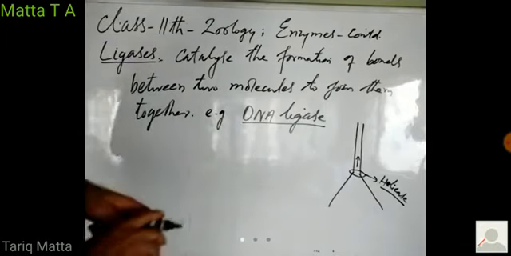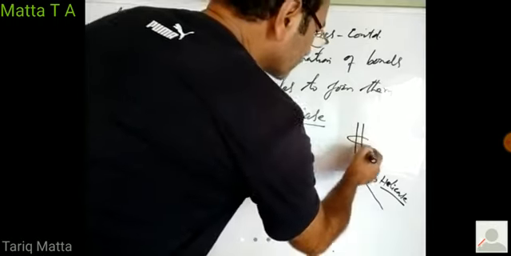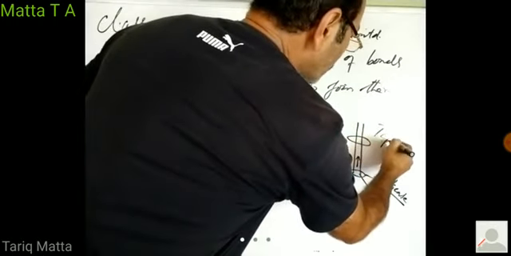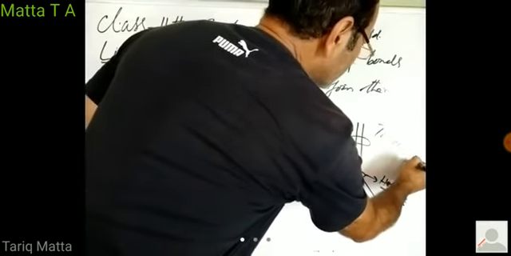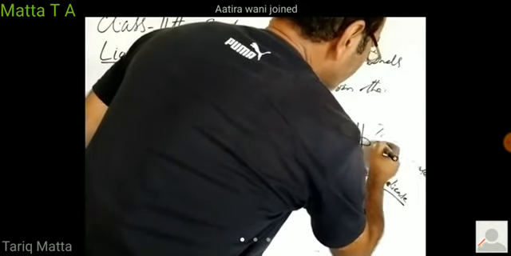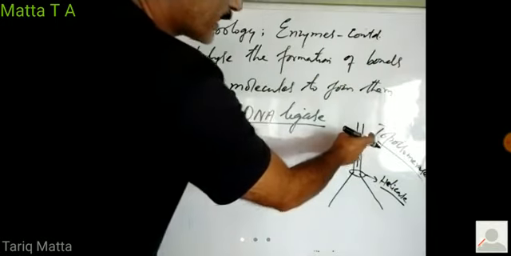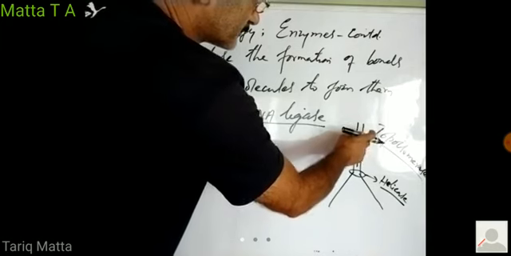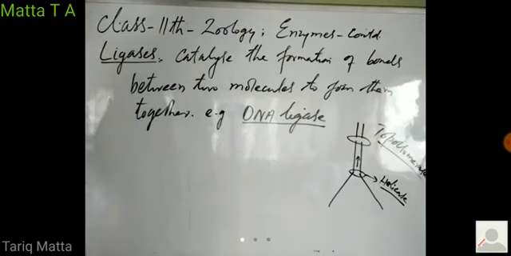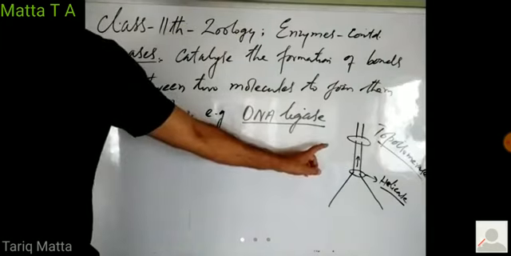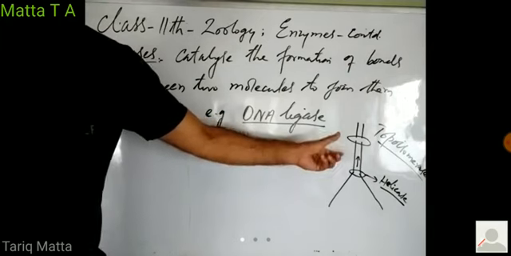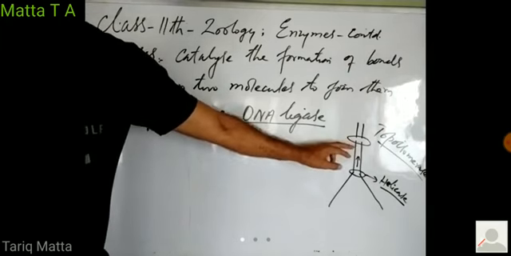To release the torque, an enzyme, topoisomerase, works. Topoisomerase releases the torque by cutting the DNA strands, so that this turning force is released.